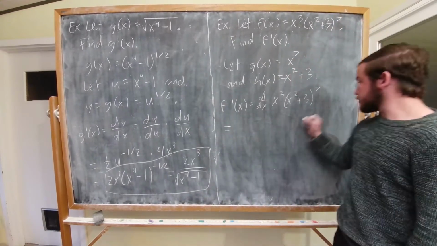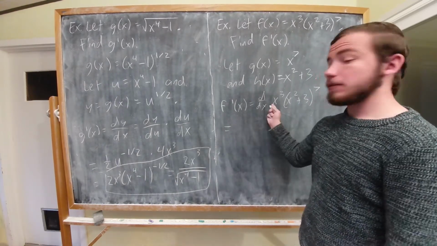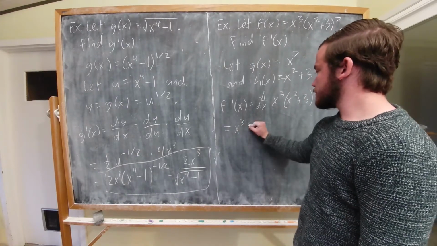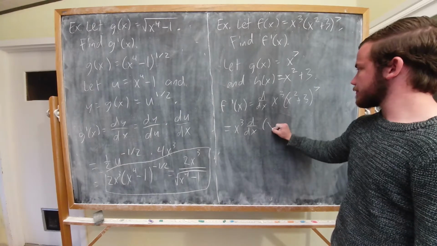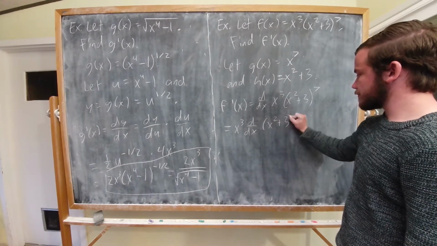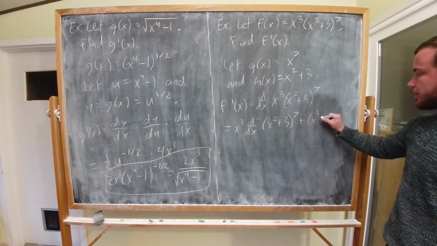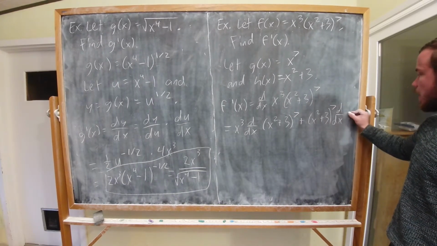By the product rule, this is equal to first times the derivative of the second, plus the second times the derivative of the first.